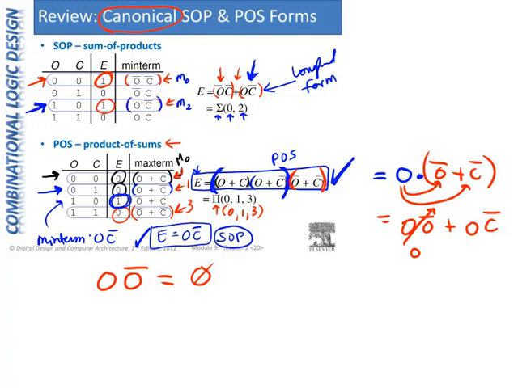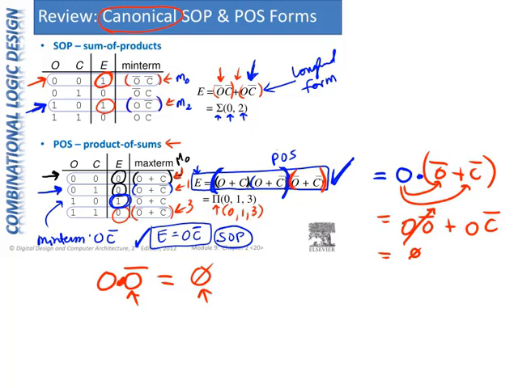And the value is 0 because, well, either O is going to be 0, then we have 0 and something. Anything in an AND relationship with 0 is going to evaluate to 0. Or O is going to be 1, and its complement is 0. So one of those terms in that AND relationship is going to be 0 no matter what. So we'll have 0 in an AND relationship, and that will evaluate to 0. So O and O bar evaluates to 0.